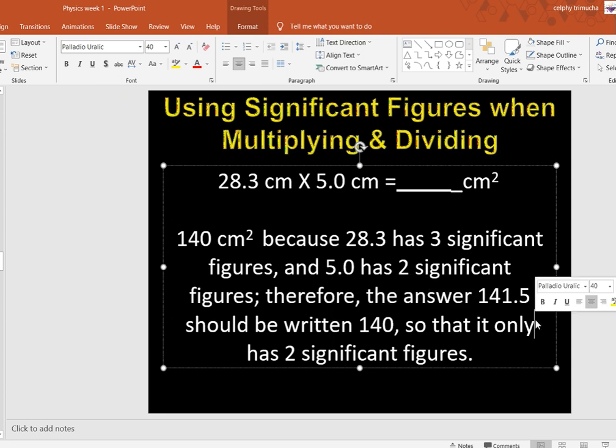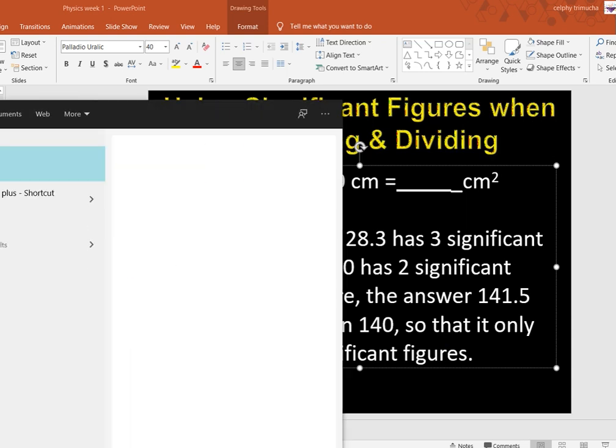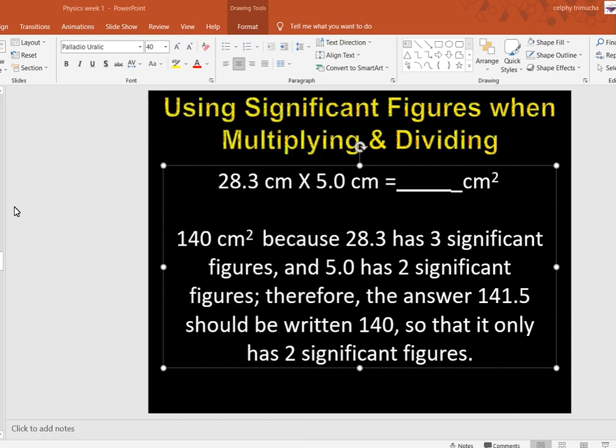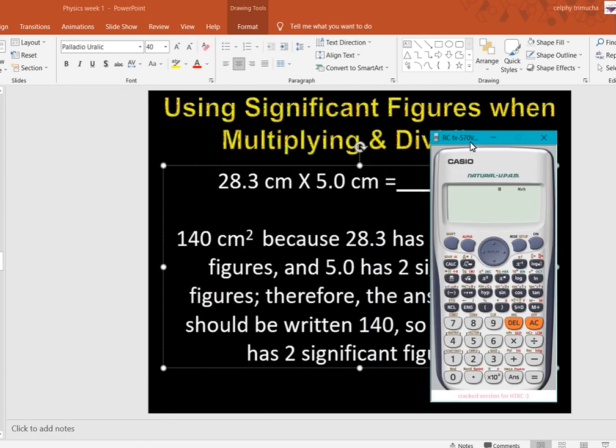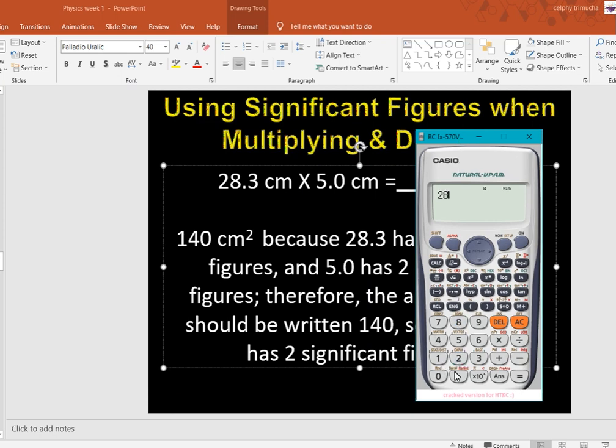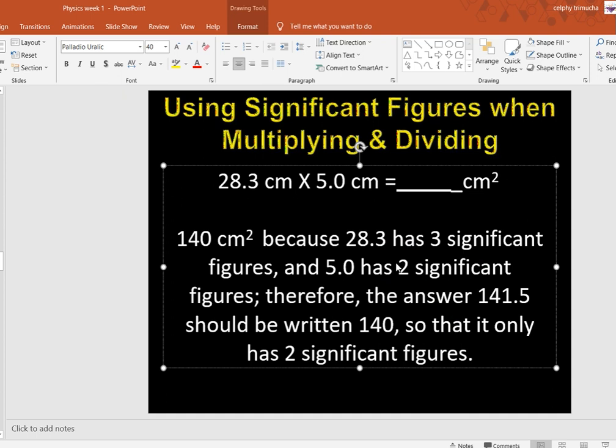Therefore, if we solve this using our calculator, we will have 28.3 times 5. Our answer should be 141.5. But take note that it should only have two significant figures.